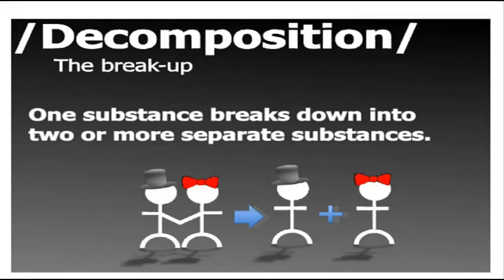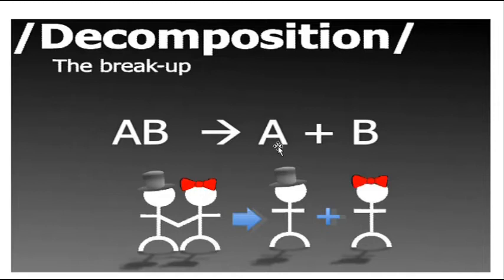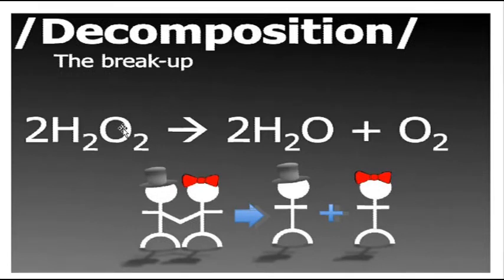So for example, we have a reactant AB, and then it will break down into A plus B. In a chemical example, we have two hydrogen peroxide, which will decompose into water and oxygen.